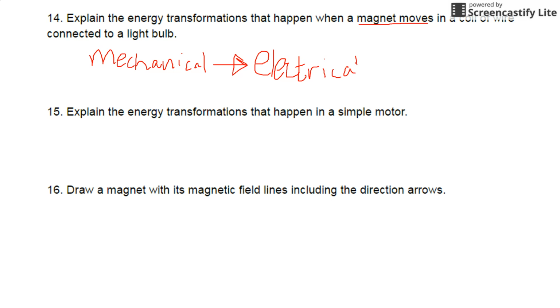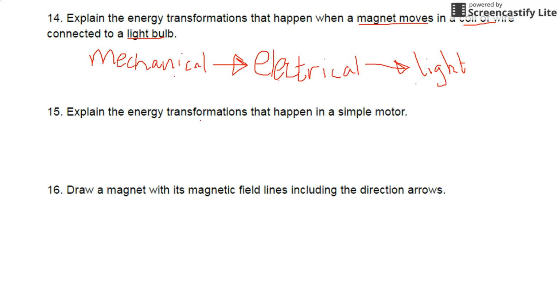So that's going to be electrical energy that gets produced. That's the coil of wire part. And then if it's connected to a light bulb and there's an electrical current, the light bulb is going to light up. So we're going to end up with some light energy. All three of these types of energy are types of kinetic energy, by the way.